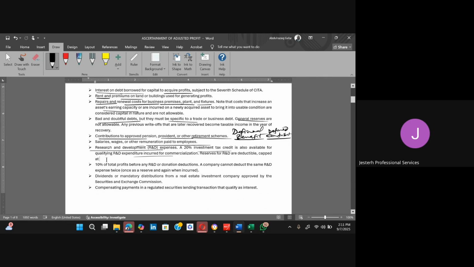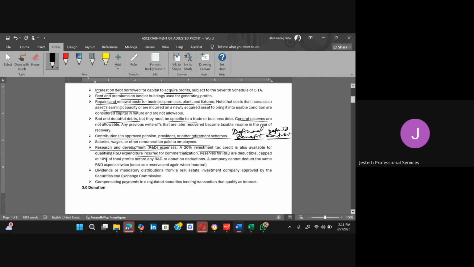But just that such research and development is capped at 10% of profits before your R&D or your donation. So that is what we have as specified in our tax law.